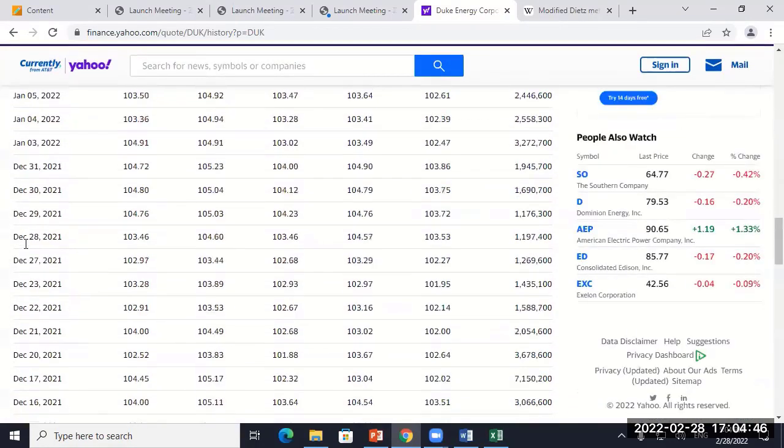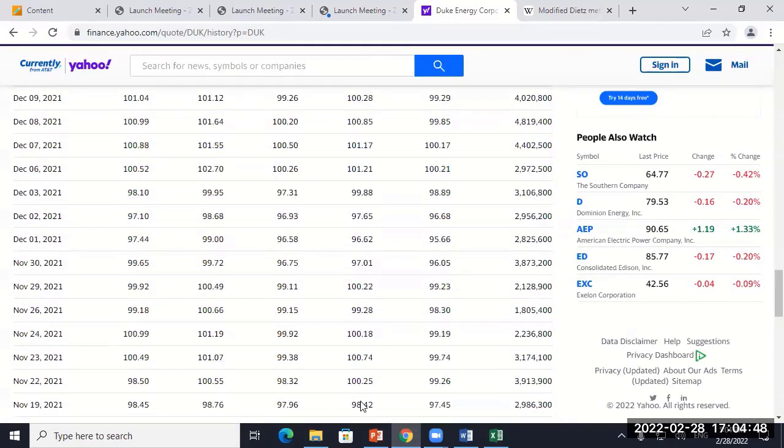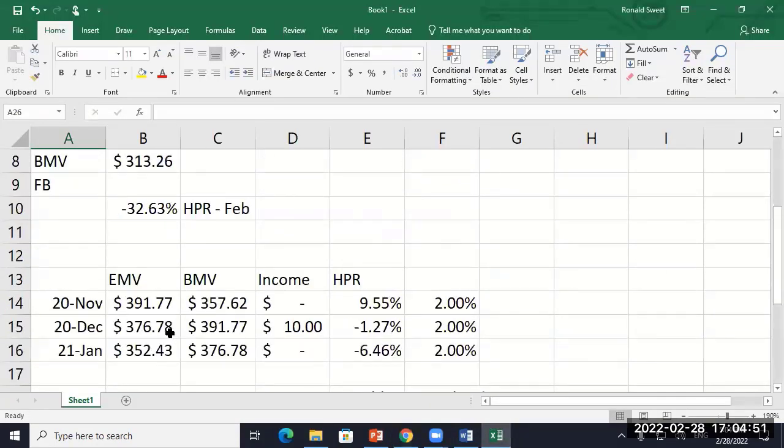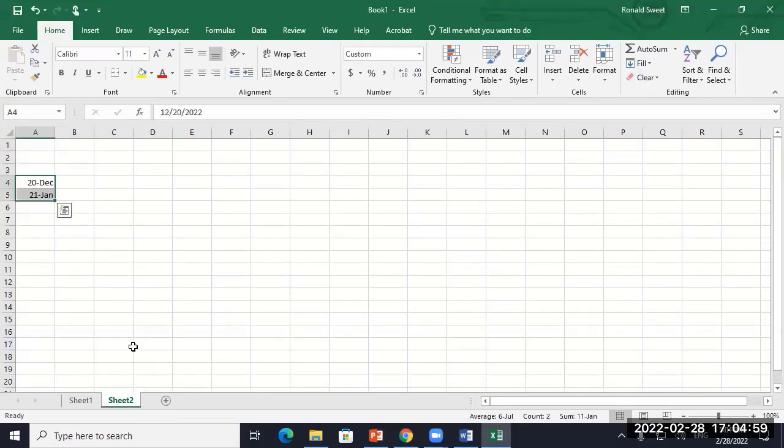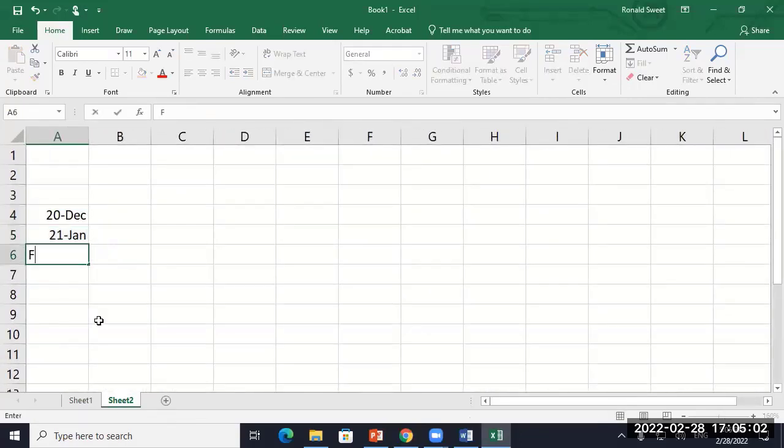Let's do December, January, February. All right. Okay, Bill Gates.